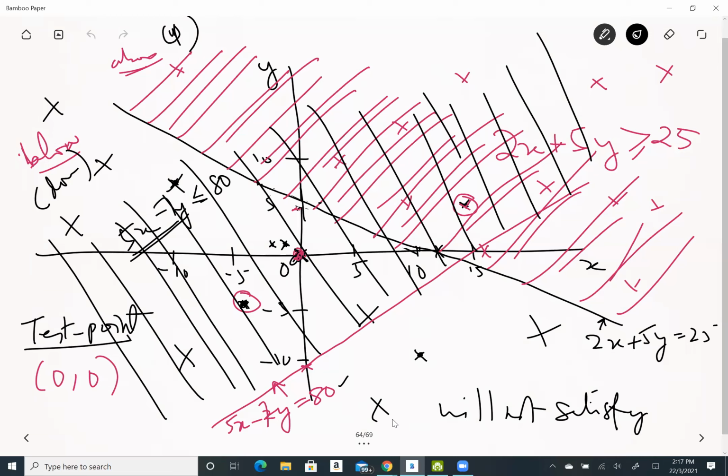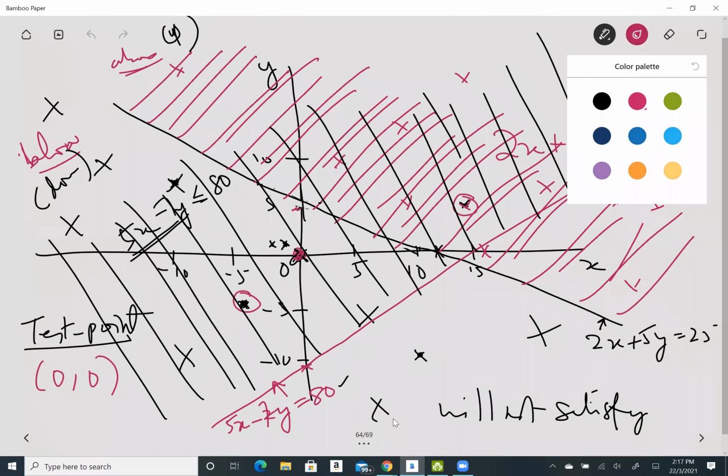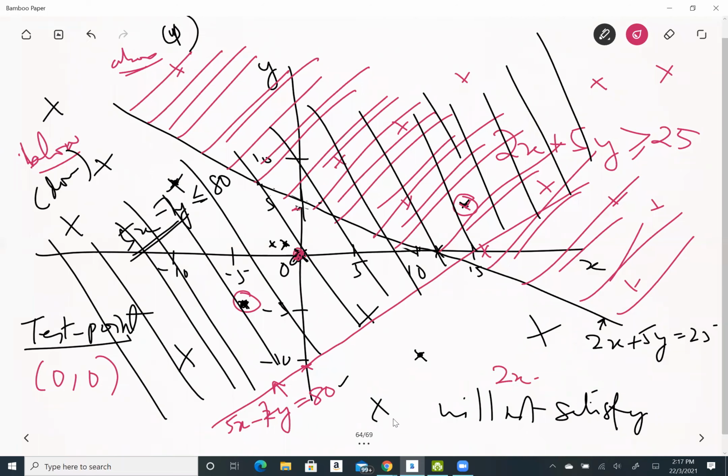Let's say I have 2x plus 5y bigger than 25. Everything you do is the same. The difference is that it does not include all the points on the line, so you show it by a broken line for that particular equation.